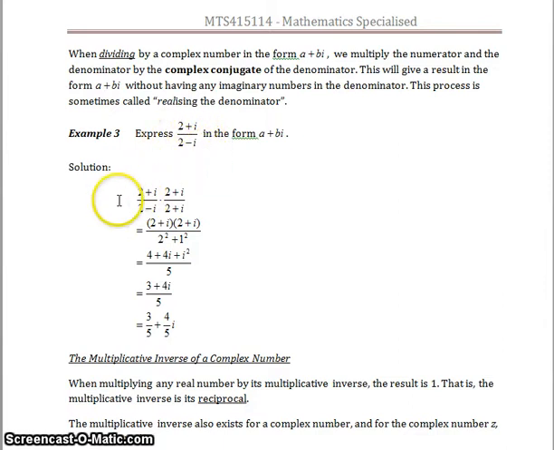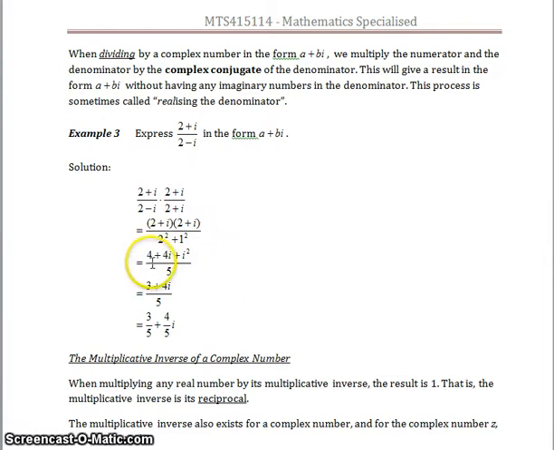So we can see that here, 2 plus i over 2 minus i multiplied by 2 plus i over 2 plus i. And so we have in our numerator 2 plus i squared, or 2 plus i times 2 plus i. The denominator is 2 squared plus 1 squared.